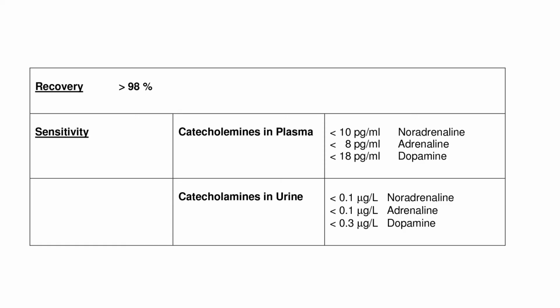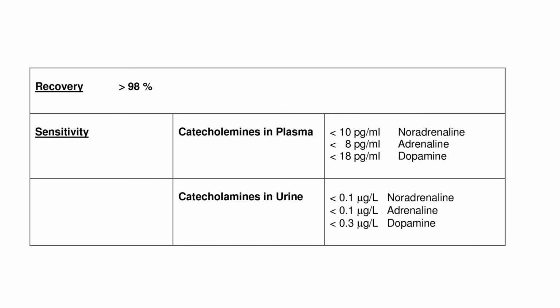I hope you enjoyed this video, and over the next few days we will send you the method where you can see recovery of more than 98%, sensitivity of method, catecholamines in plasma less than 10 picograms per milliliter noradrenaline, less than 8 picograms per milliliter adrenaline, less than 18 picograms per milliliter dopamine.